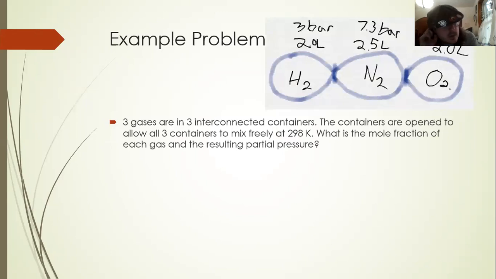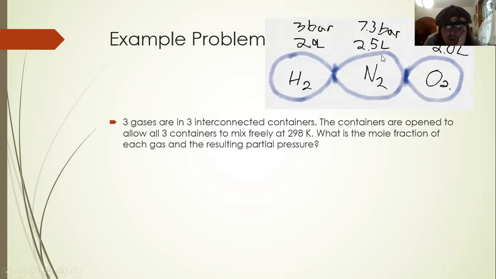Now here's an example that uses partial pressures. Three gases are in interconnected containers. We have a little wall barrier between the three containers. One container, 3 bars at 2 liters.